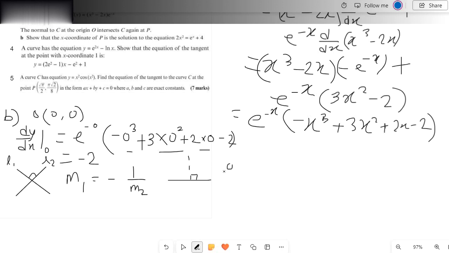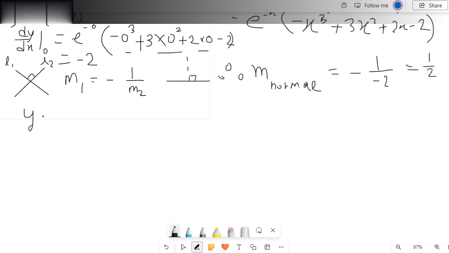So therefore the gradient of the normal will be minus 1 by minus 2, which is half. And so we can find the equation of the normal as y minus y1, which is 0, equals the gradient, which is half, multiplied with x minus 0, which is x1. And so we have the equation of the normal at the origin: y equals half x.